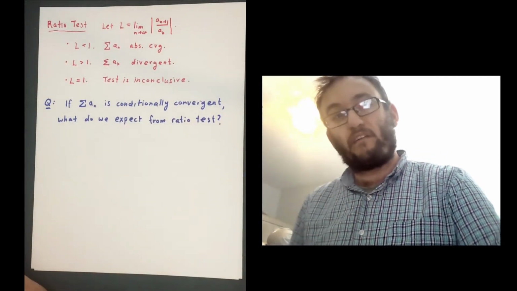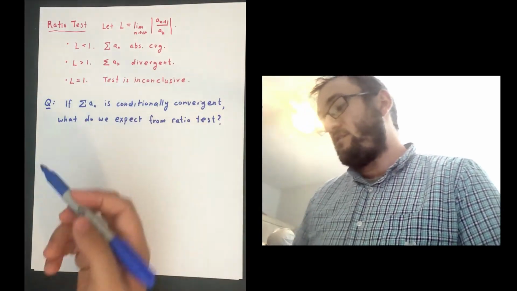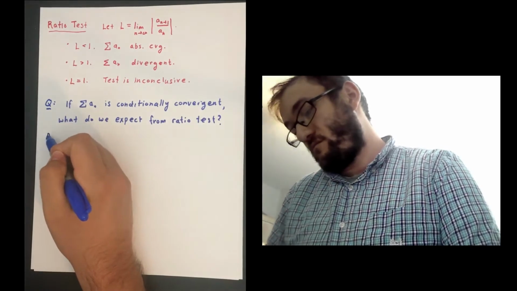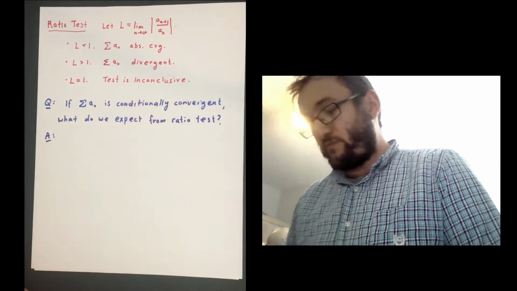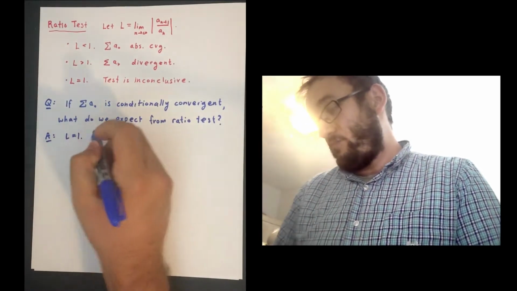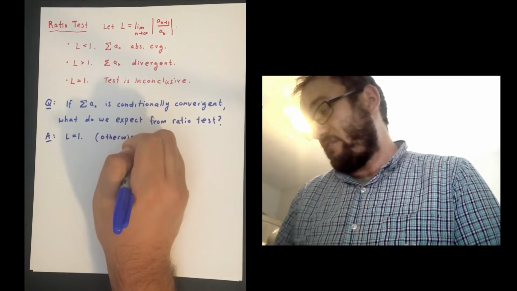Okay, so think about that for a moment. Given the different outcomes of the ratio test, what must the outcome be for a conditionally convergent series? Well, we must get L equals 1, because otherwise it's either divergent or absolutely convergent.